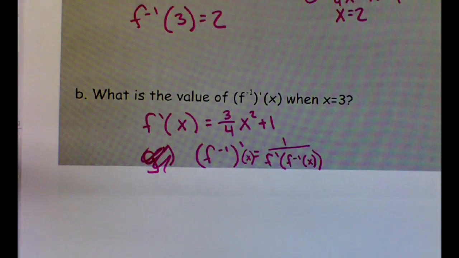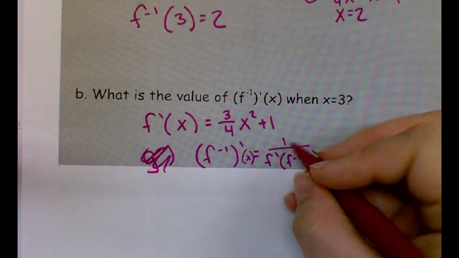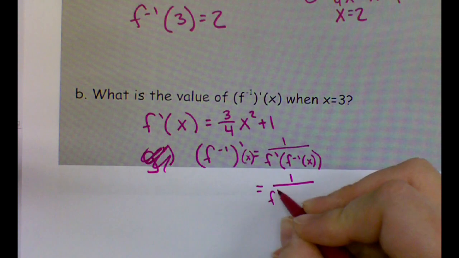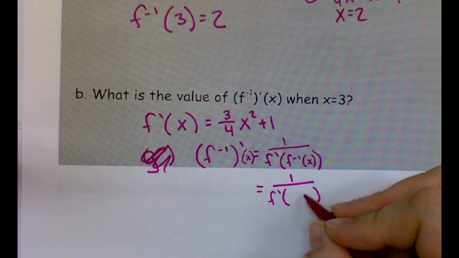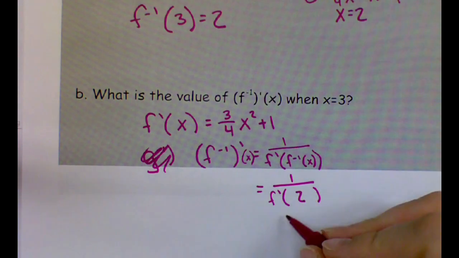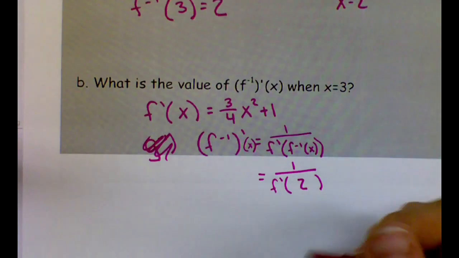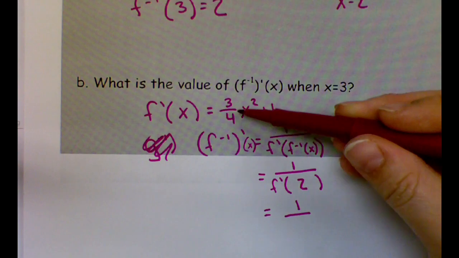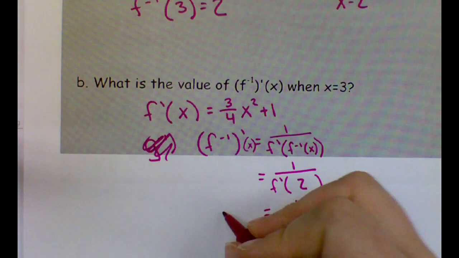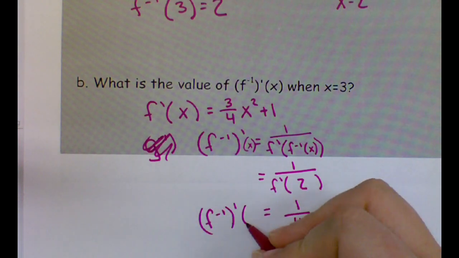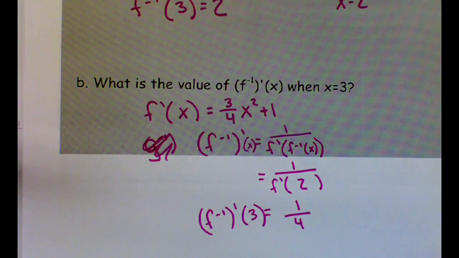All right, what does that mean? If x is 3, I need 1 over the derivative at the inverse of 3. The inverse of 3 was 2. So I need 1 over the derivative at 2, which is 1 over, if I plug in 2 here, I get 3 plus 1, which is 4. So that means the derivative of the inverse at 3 is 1/4.